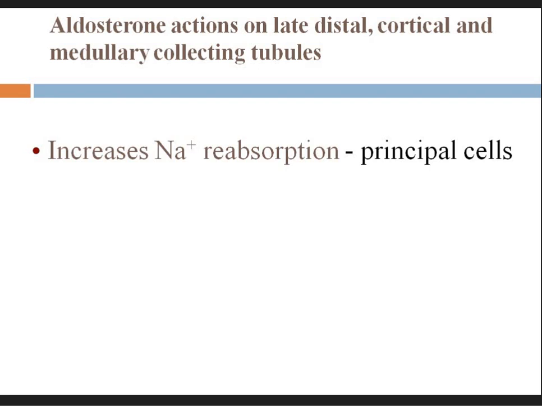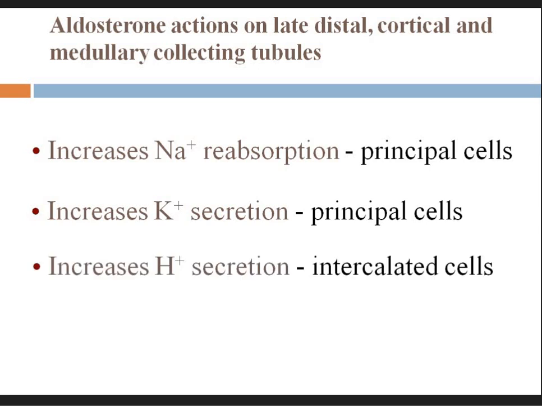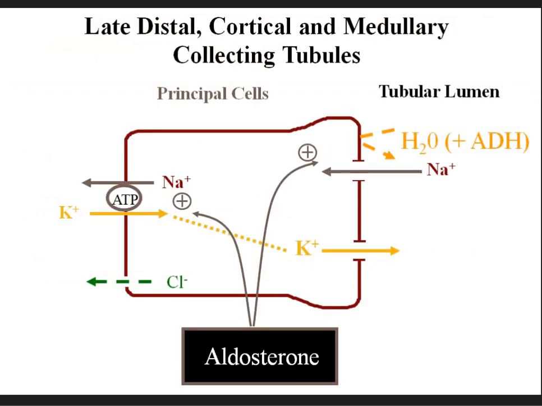Under the influence of aldosterone, sodium gets reabsorbed, and it increases potassium secretion also. So the main role of aldosterone is to reabsorb sodium and to secrete potassium. Additionally, it also increases hydrogen secretion from the intercalated cells. So the major role of aldosterone shown here is reabsorbing sodium and secreting potassium.